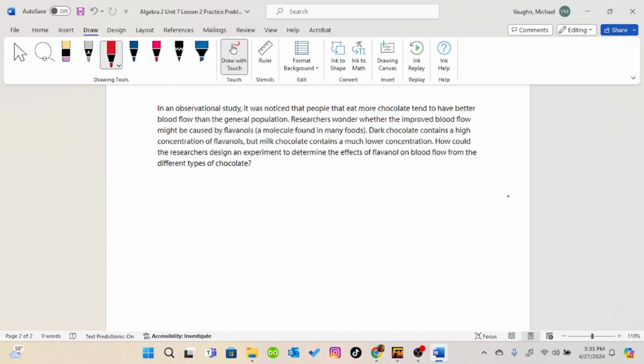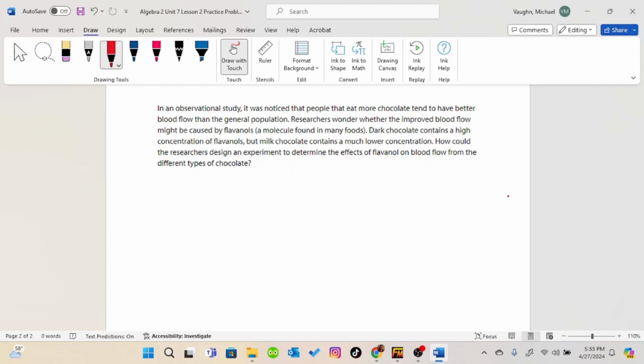Dark chocolate contains a high concentration of flavonols, but milk chocolate contains a much lower concentration. How could the researchers design an experiment to determine the effects of flavanol on blood flow from the different types of chocolate?